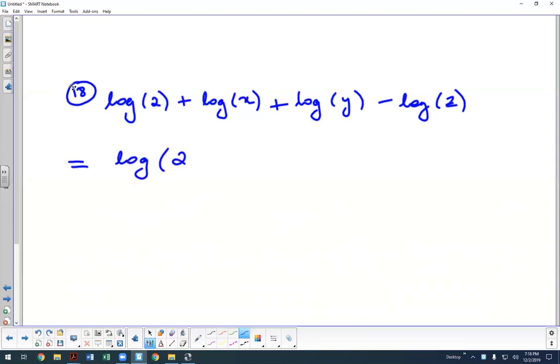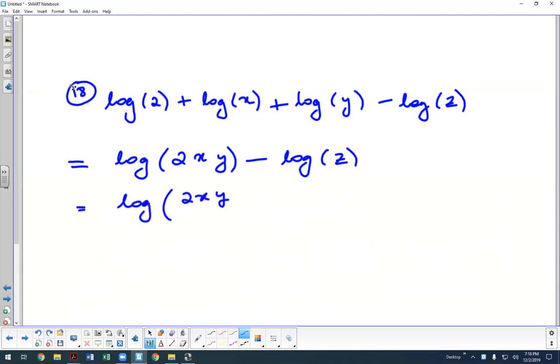So you're multiplying 2 times x times y, and then now we have the minus log of z, so that will end up giving us log of 2xy over z. Those guys stay together, and since z was the only one with the minus log, it goes in the denominator. Looks like it should be more complicated, doesn't it? They throw curveballs right at the end too.